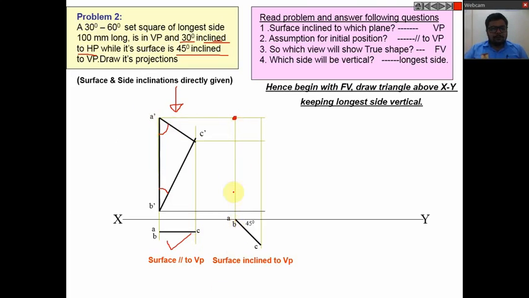Then this is the projection of B and this will be B dash. So this is the second point. And this is the projection of C and this will be C dash, so the third point. So in this way we can get these 3 points, that will be A1 dash, B1 dash and C1 dash.